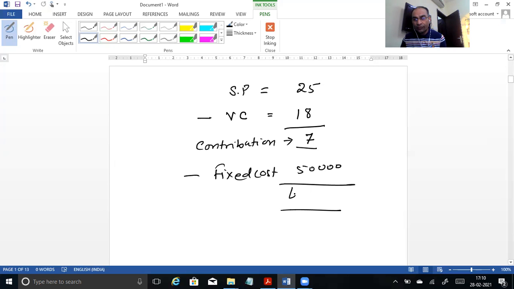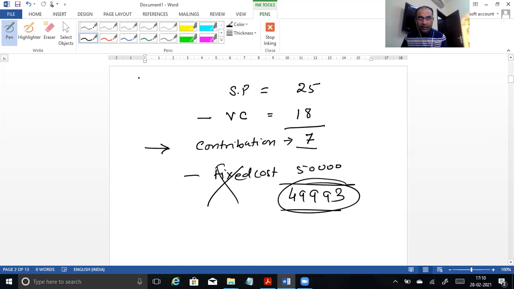This much of loss is there, because contribution is only 7 and fixed cost is 50,000. That's why we are saying when we take decision in marginal costing, we just ignore fixed cost.